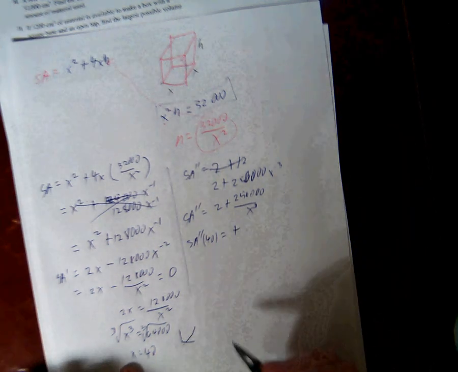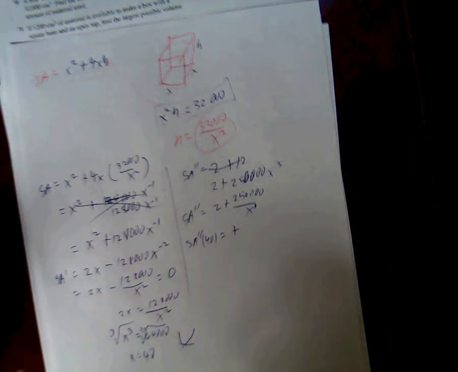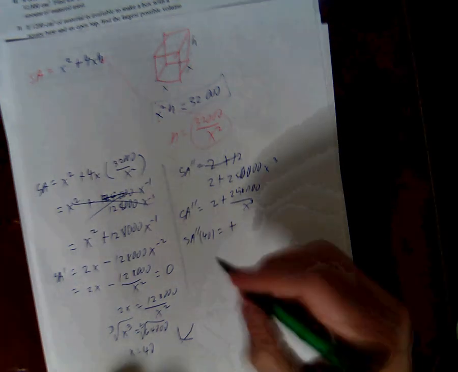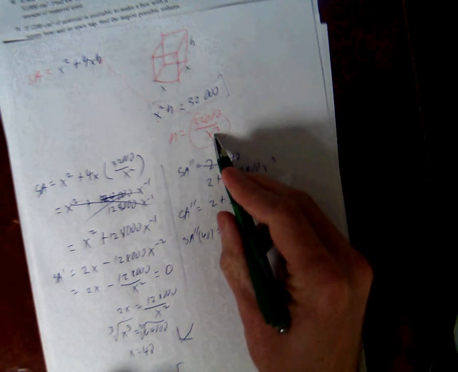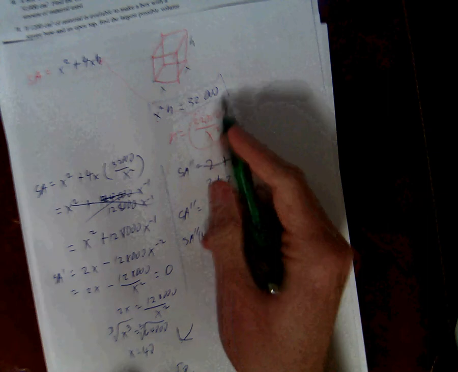But it's a minimum, is it the minimum? How do I know what else is going on? So I need to look at the domain. As far as the domain, the smallest x is ever going to be is 0, and the biggest x can be, in theory, is infinity.